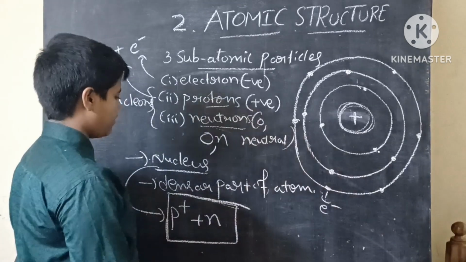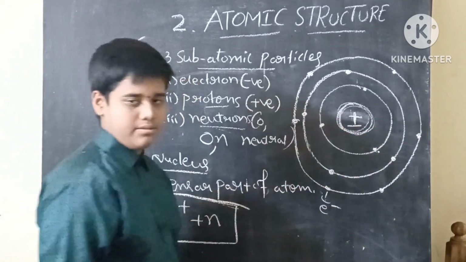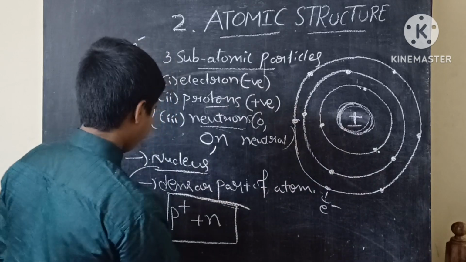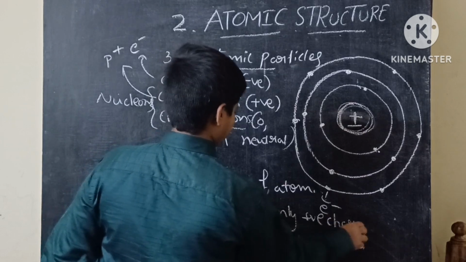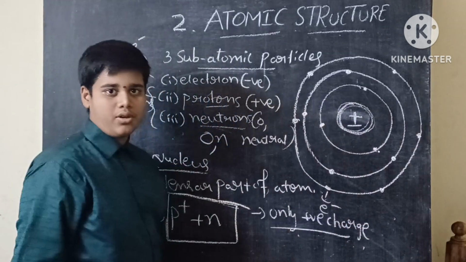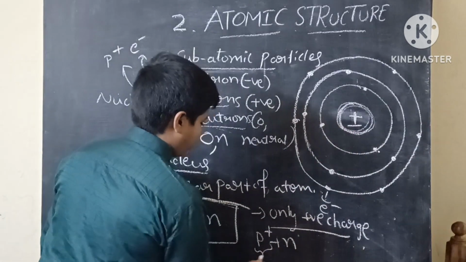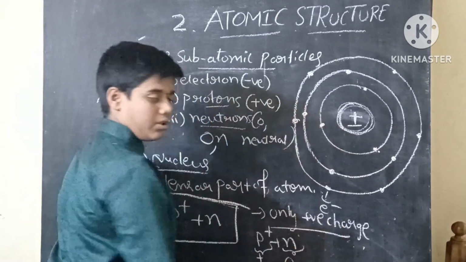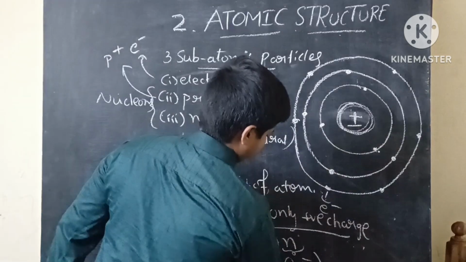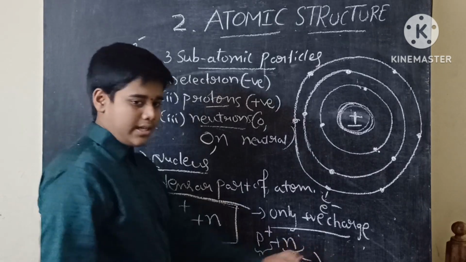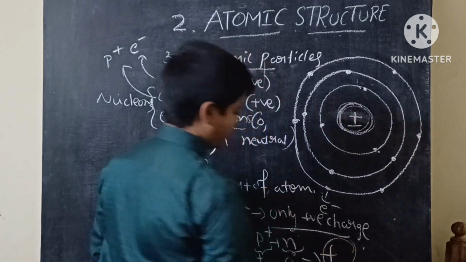Another important point: in this nucleus there is only positive charge, because here protons plus neutrons are there, which means protons are positively charged and neutrons are neutral. So if we add a positive number with 0, then the result is positive only.